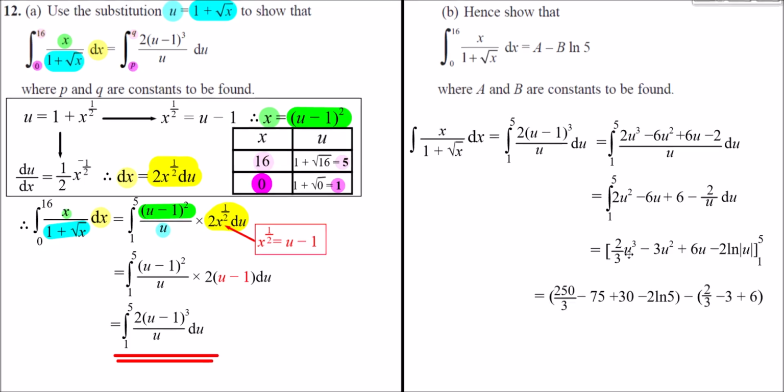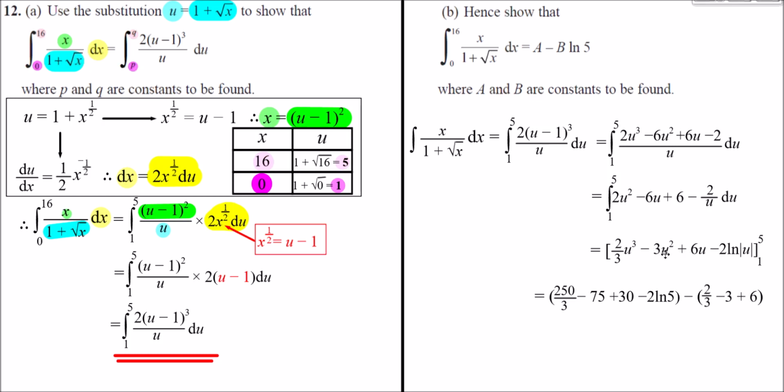So 2/3 u cubed, when x is 5, becomes 5 cubed, which is 125, times 2/3 gives 250 over 3, minus 3u squared means minus 3 times 25, hence minus 75, plus 6u is 30, because 6 times 5 is 30, minus 2 ln u means minus 2 ln 5. Then minus off, when we input the lower limit of 1, 2/3 u cubed becomes 2/3 times 1 cubed, hence just 2/3.